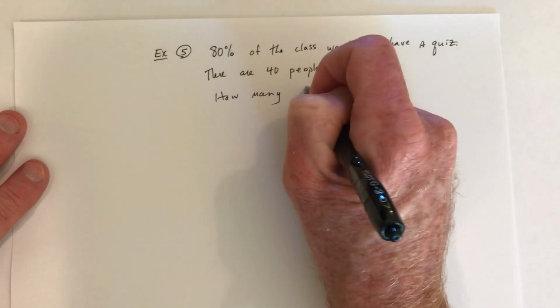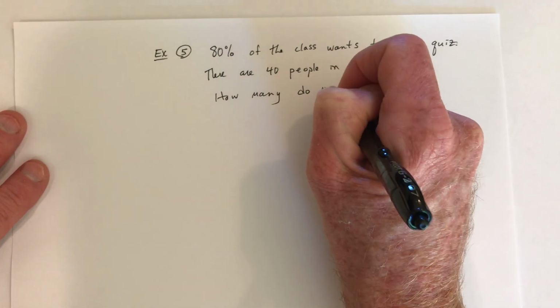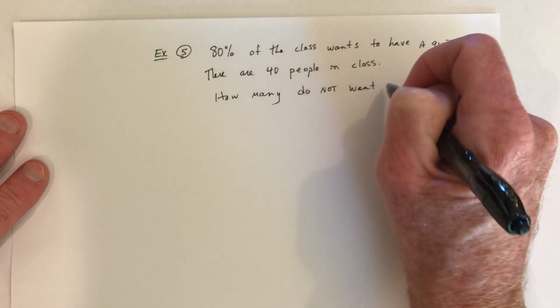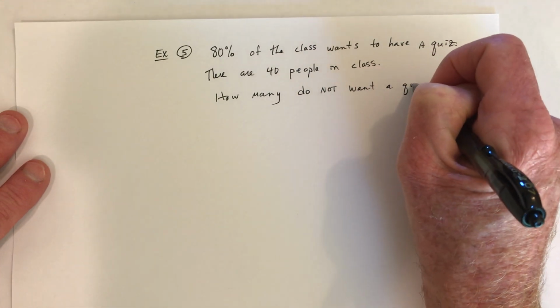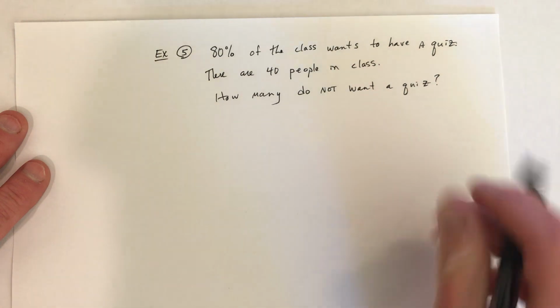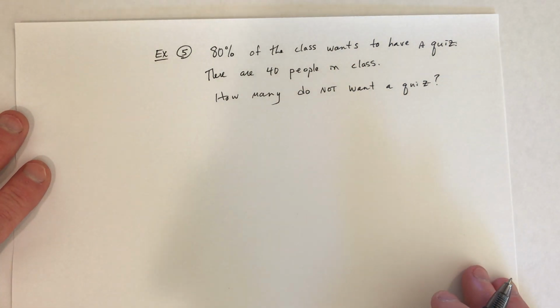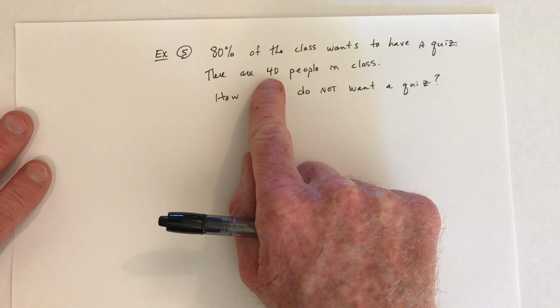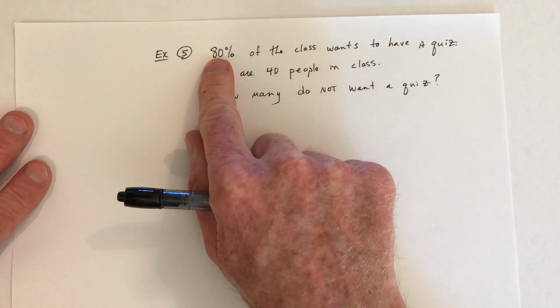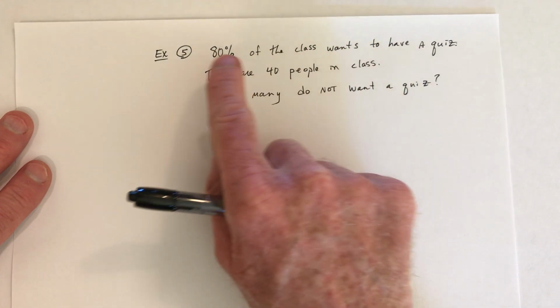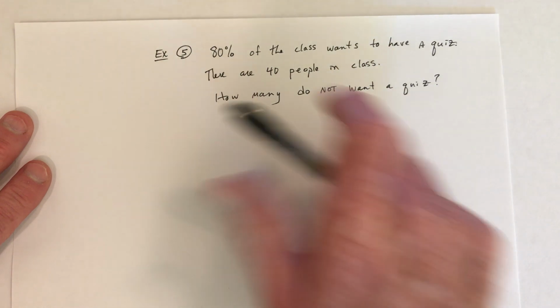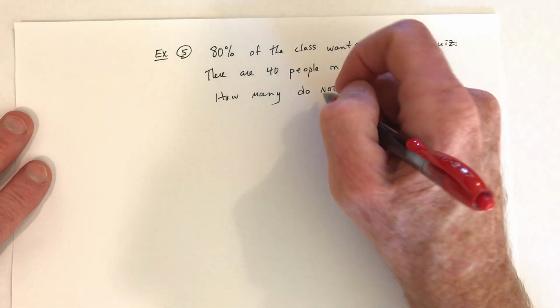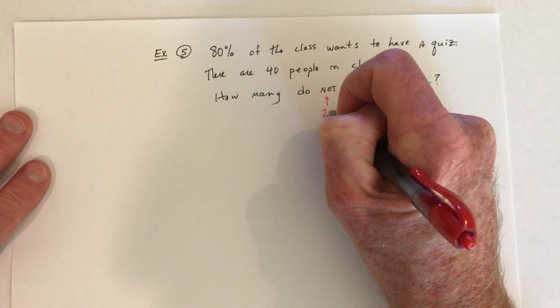How many do not want to have a quiz? So this is 100% of the class, 40 people. If 80% do want a quiz, that means 20% do not. So for one thing, 4 do not want a quiz, that's 20%.